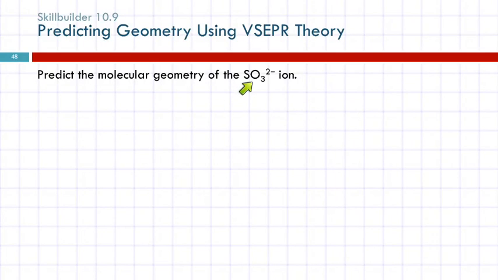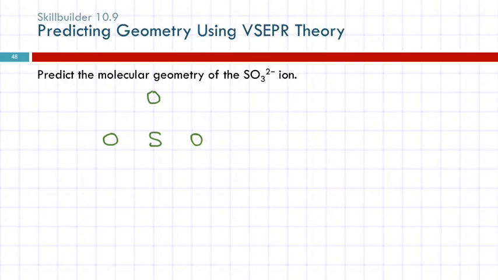Now they're not telling us what the central atom is, but here we see there's 1 sulfur and 3 oxygens, so you put the sulfur in the middle and put the oxygens around it. I'm going to choose to put this oxygen on top, doesn't matter. Count electrons.